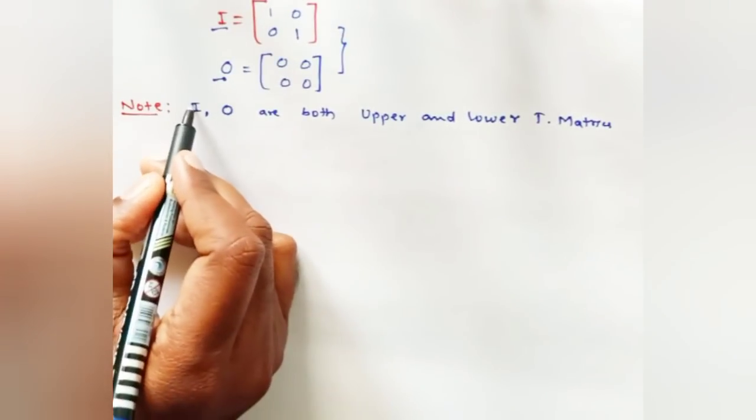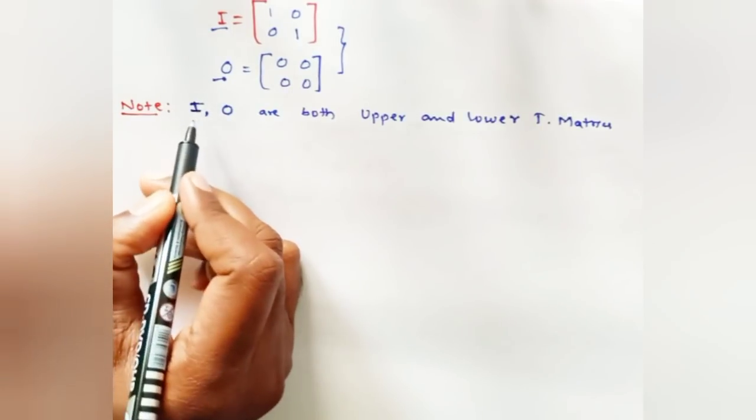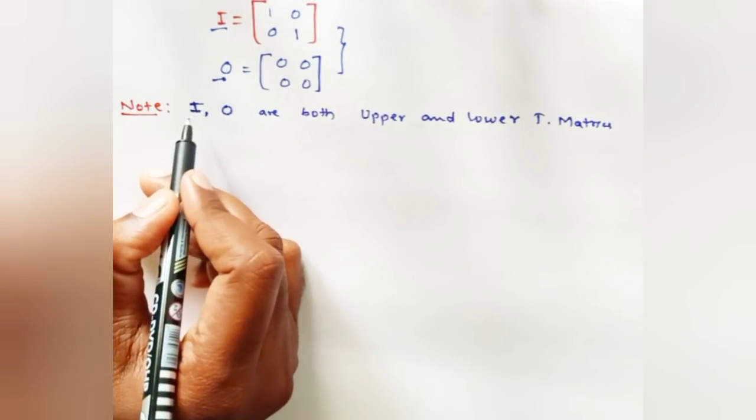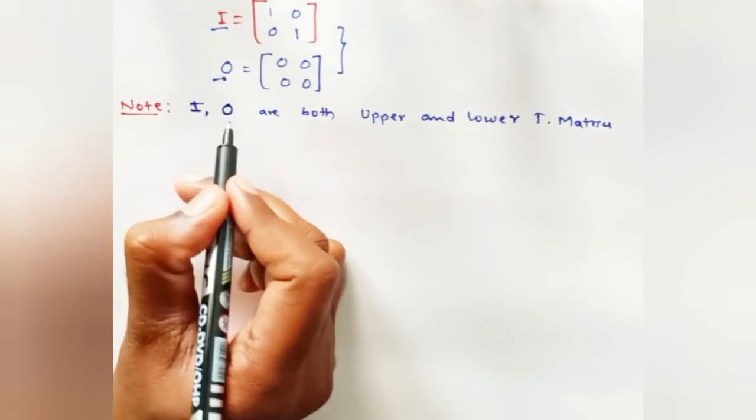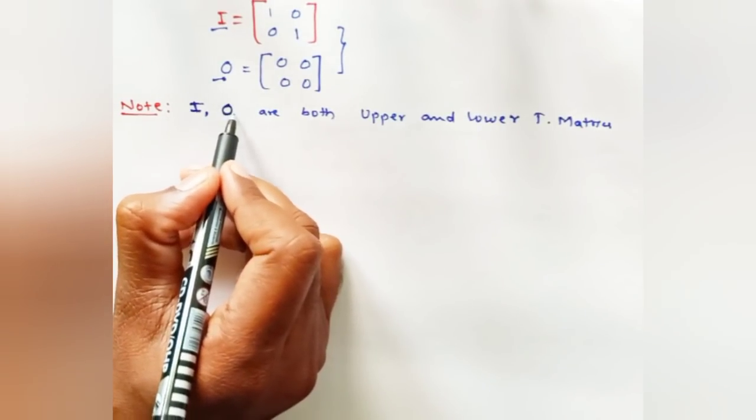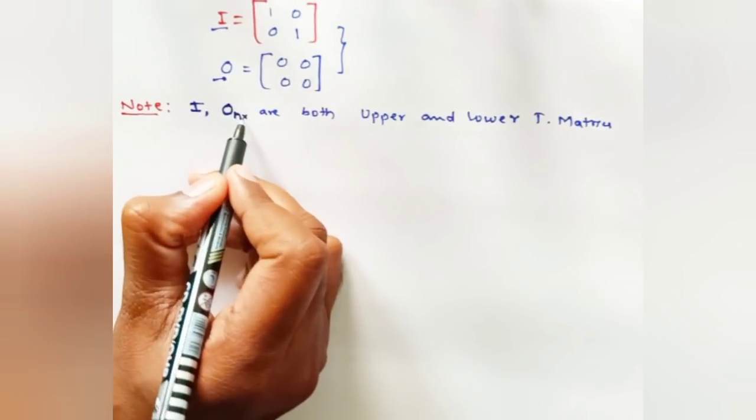The identity matrix is obviously a square matrix, and here the zero matrix is also of order n by n.